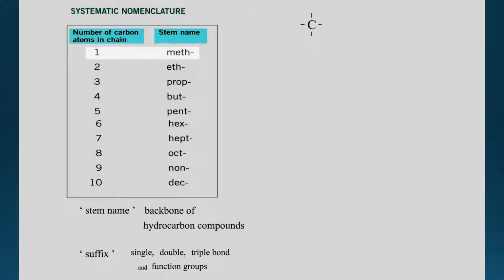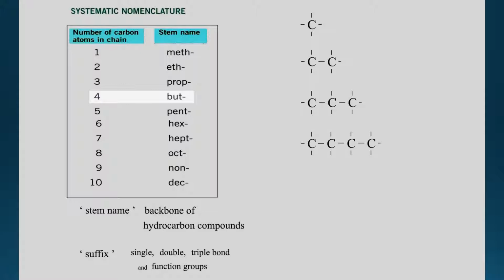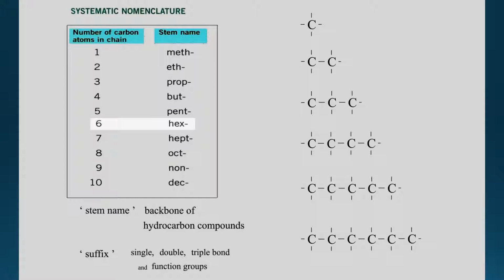Let's start. If you have 1C, you call it meth. 2C, eth. 3C, pro. 4C, but. 5, pent. 6, hex. 7, hept. 8, oct. 9, non. 10, dec.